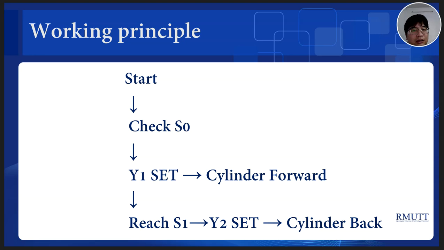When the cylinder reaches the forward limit switch S1, Y2 is set, and the cylinder moves back. So the whole process is forward and return motion based on set and reset control logic.